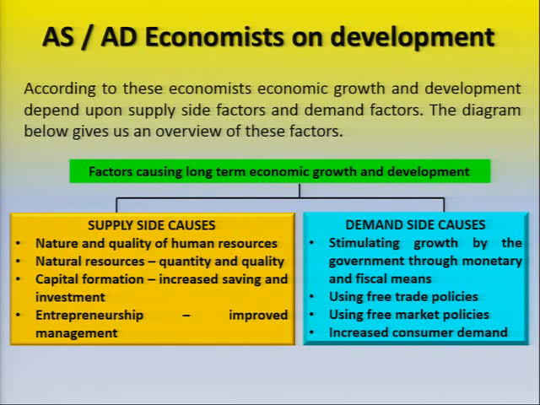These are the factors from the supply side of the economy. And the blue block there shows the demand side causes or factors that can lead to economic growth and development.